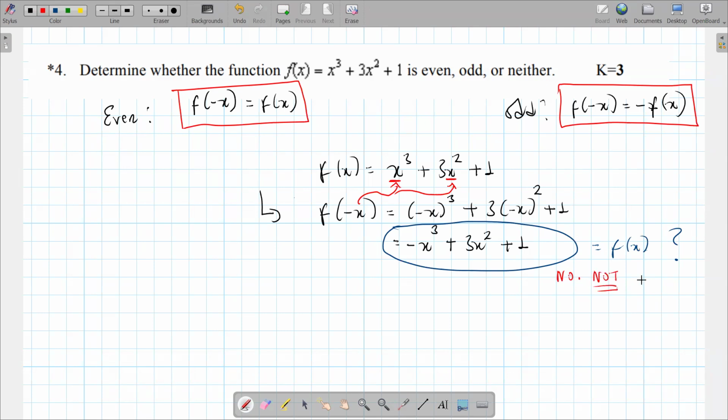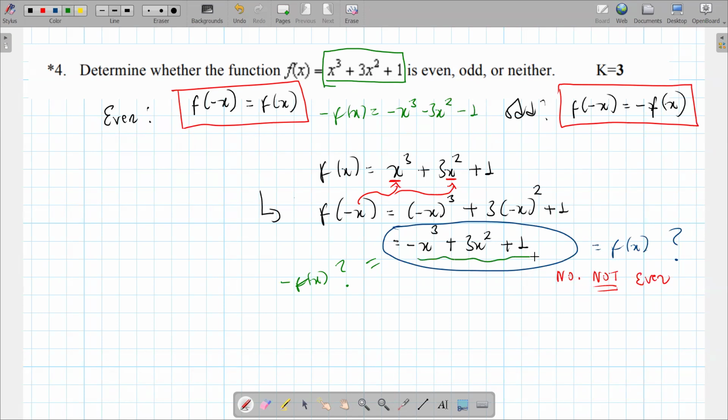How about, is it equal to negative f of x? Let's see what negative f of x is. Negative f of x is just this entire thing multiplied by negative 1. So negative f of x would be negative x cubed minus 3x squared minus 1.